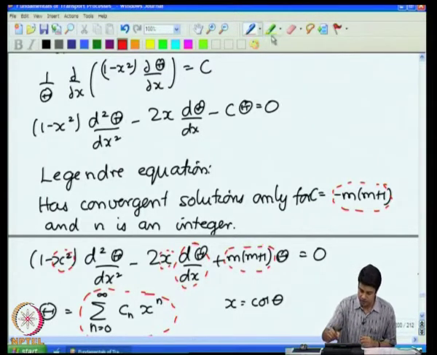Since I have already used m in the previous case, I will write this constant as minus p into p plus 1.